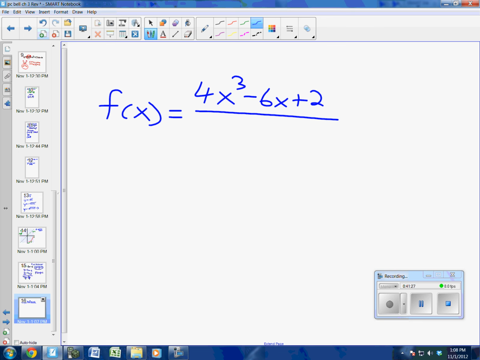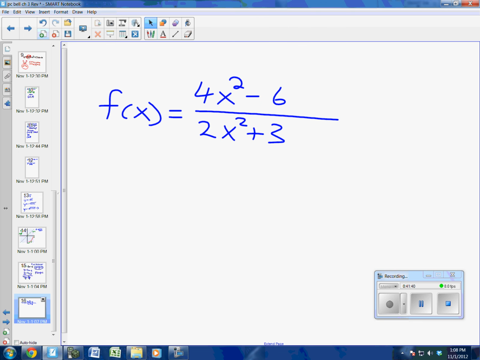I'm going to change that to 4x squared minus 6. And I'm going to put 2x squared plus 3 on the bottom. And I want you guys to graph that. First of all, I want you to find the vertical asymptotes and then find out if it has any horizontal or slant asymptotes. And then graph it. And you can use those 6 steps that were on the back of that worksheet I gave you that shows you how to graph a rational function. If that would help you, I think it would help.